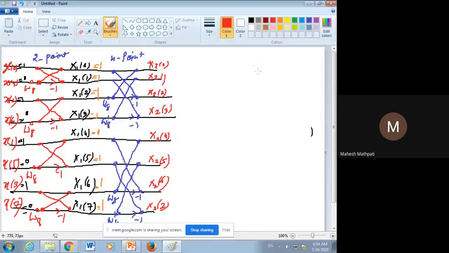Now, what is the value of x2 of 0? Can anyone tell me? x2 of 0 is equal to, yes, क्या होता है? अभी यहाँ पे already values you have written, like in first stage you have noted the values.